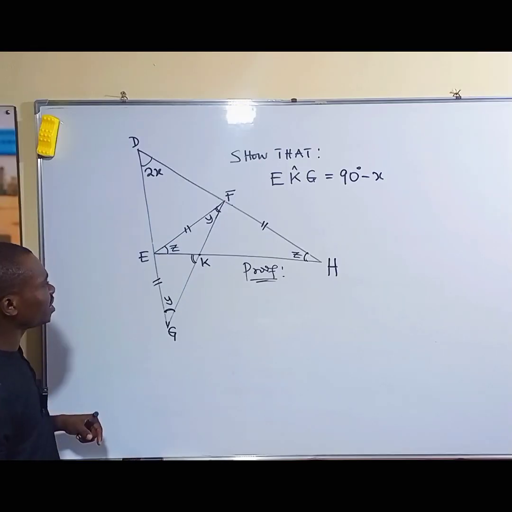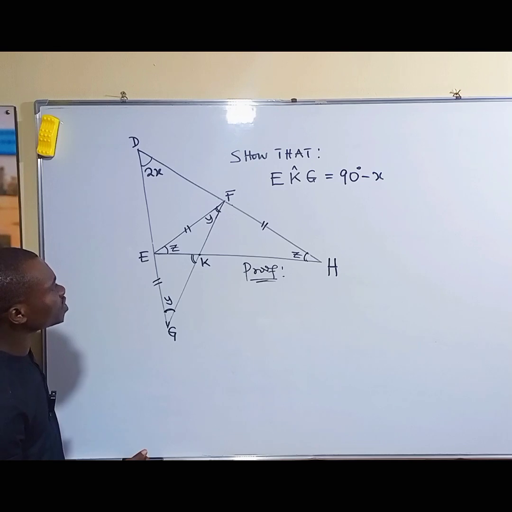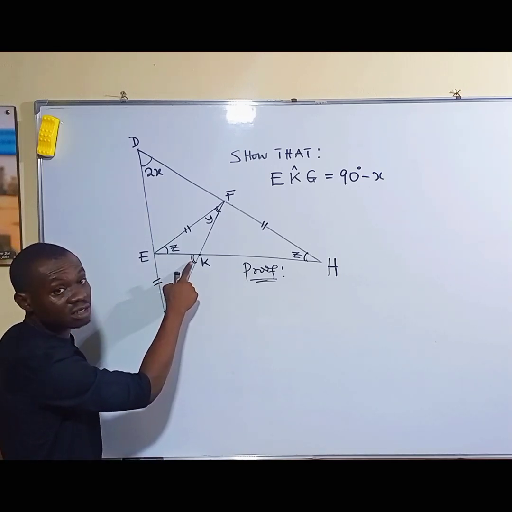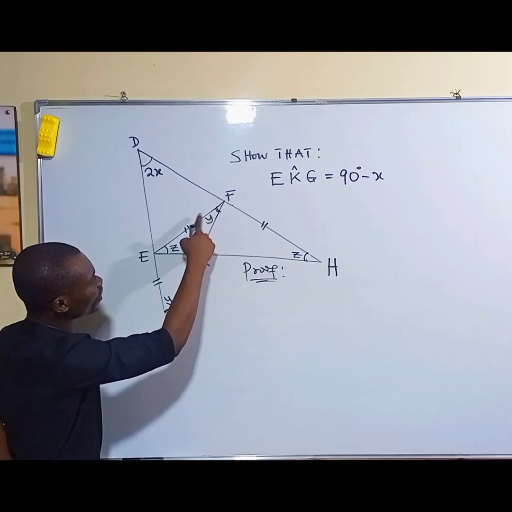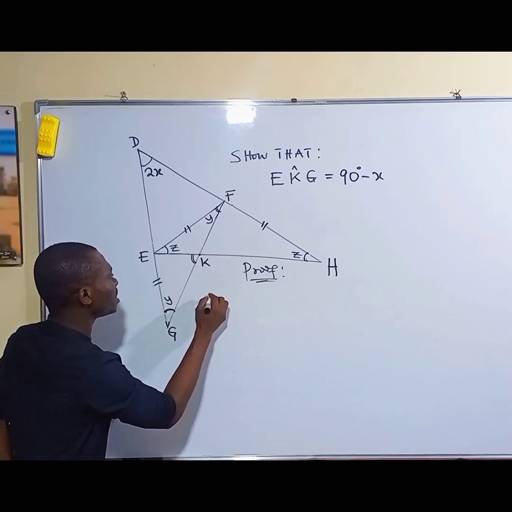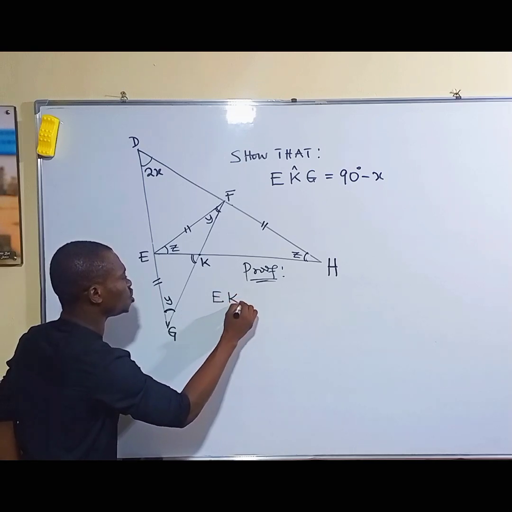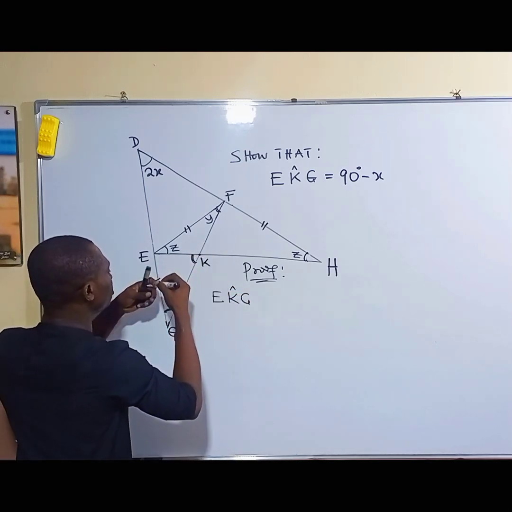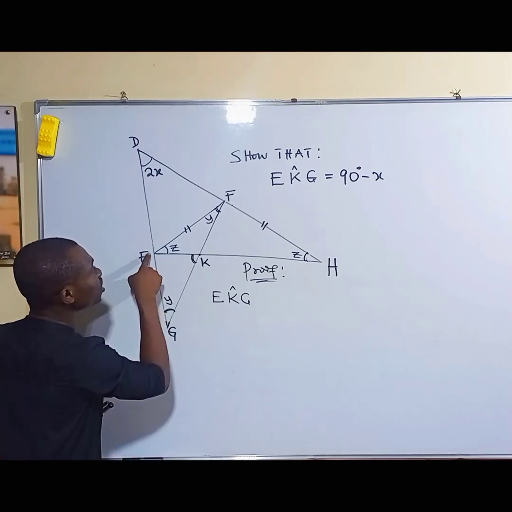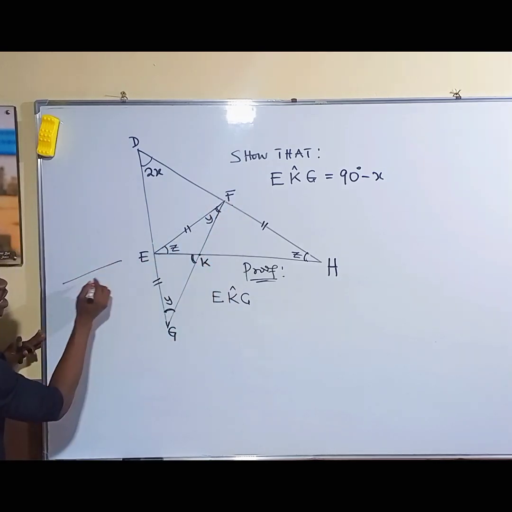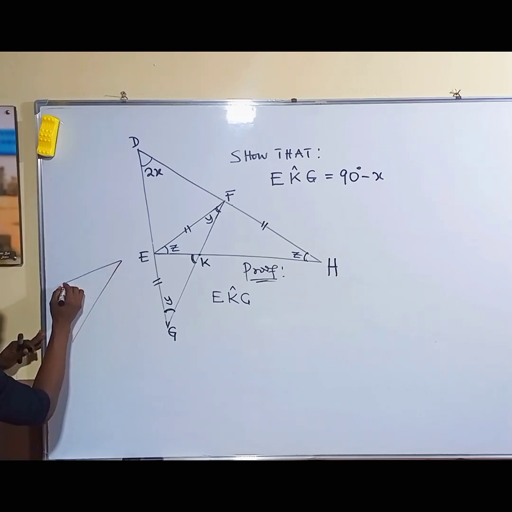Let's see what that will give us. Look at where we want. From what we have already, we can see something. This angle we are looking for, angle EKG, is actually an external angle to the triangle EFK. Are you seeing it? If you draw it out here, you are going to have something like this.